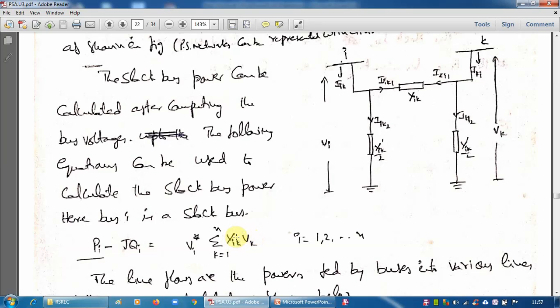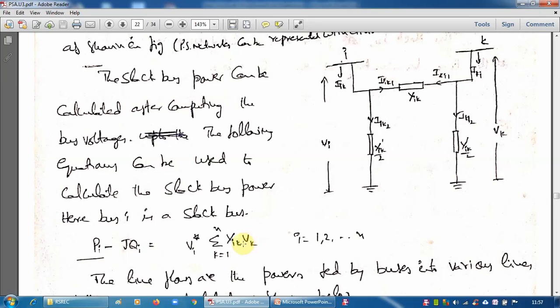That's it. Here voltages are all obtained in the Gauss-Seidel iterative method. Once the iteration process is completed, that means converged, we will be having all bus voltages. These are all the required bus voltages. That means converged values of bus voltages are the solution of the load flow method.